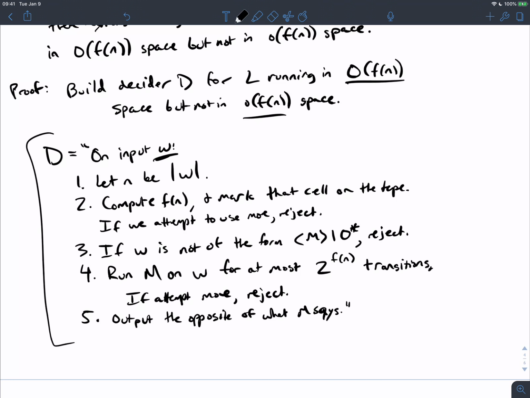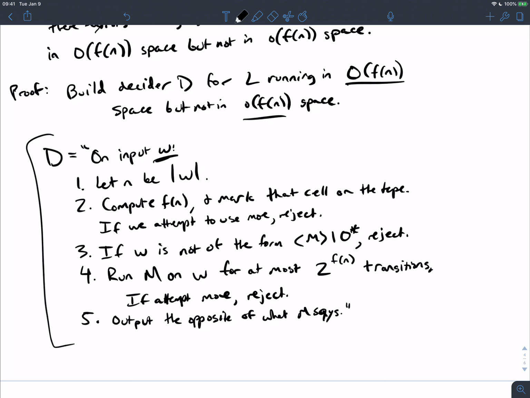And then we're going to mark off this f of n thing. I don't know whether or not M runs in f of n space. I have no clue. But if it ever tries to access more, then we know for sure M must run in at least f of n space, because it tried to access something past the f of nth cell. And so we reject immediately.